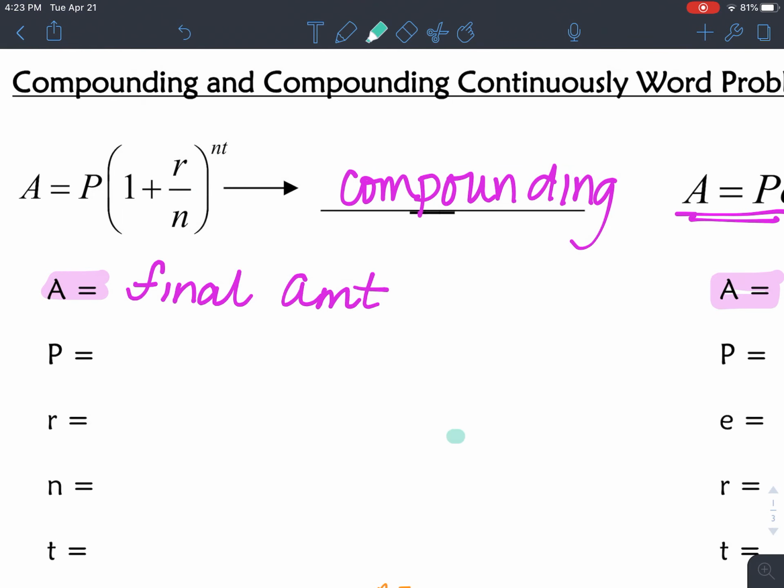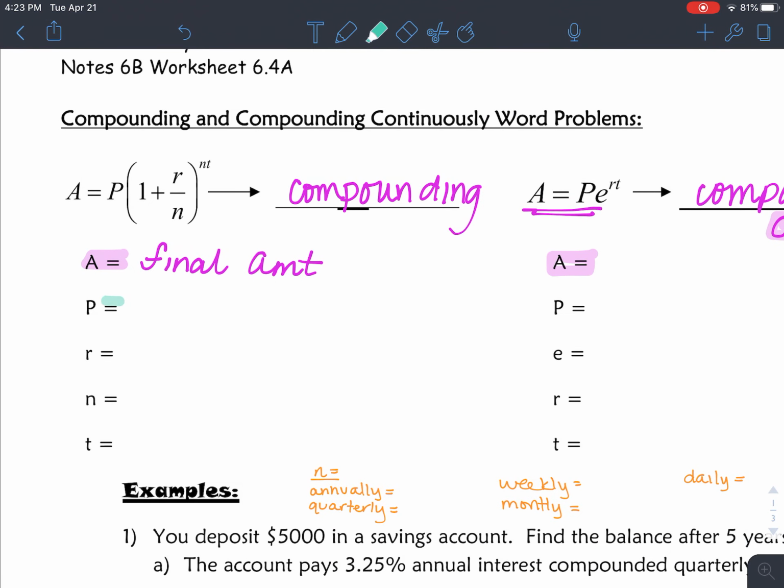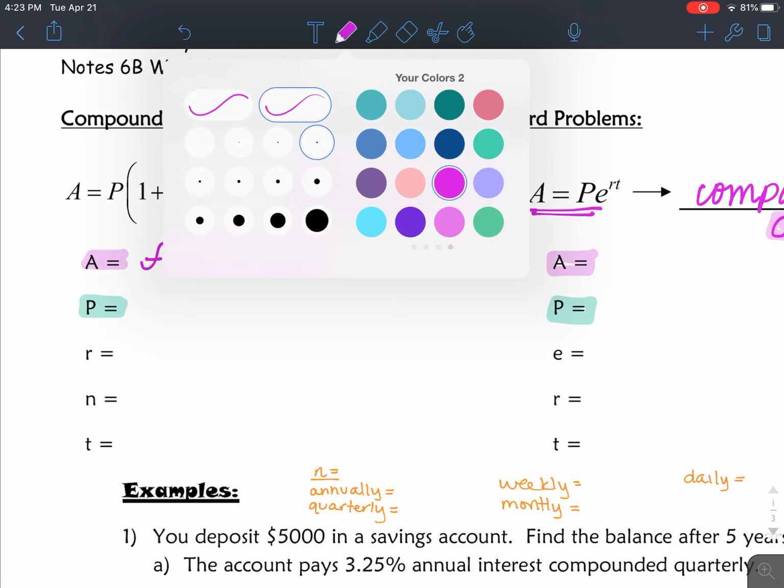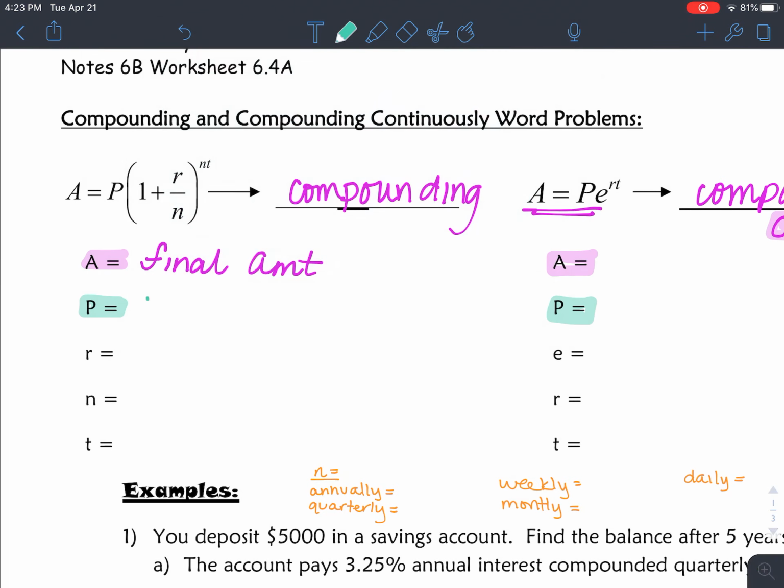Then P I might call your principal amount, or the amount that you deposited into the account, or how much you maybe paid for the car.